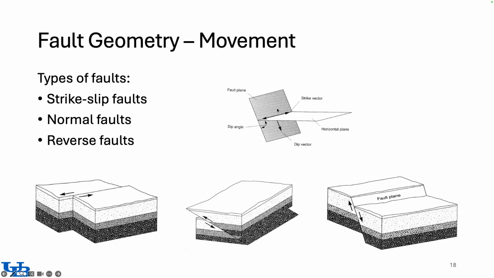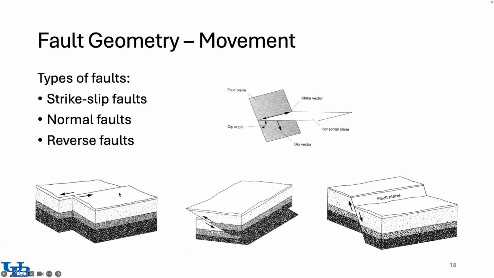And then there is the rake angle, which, no, we don't have a board here. This is the angle of, if you were to think of a vector on the fault plane that is aligned with the direction of the movement, with zero meaning horizontal, and 90 degrees pointing down along the fault plane, that will be the rake angle.